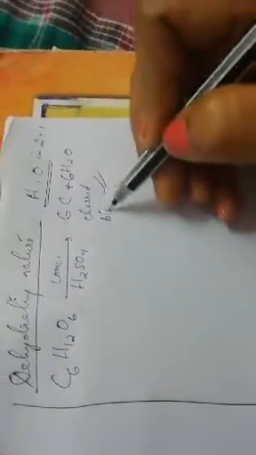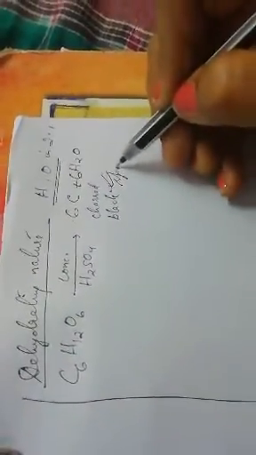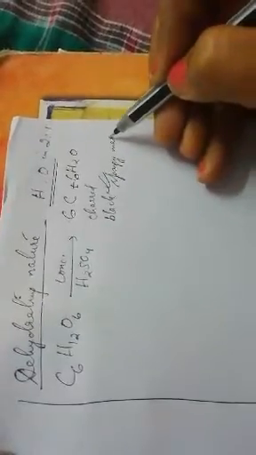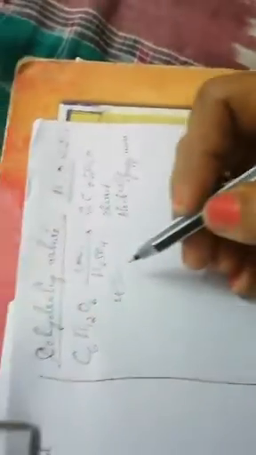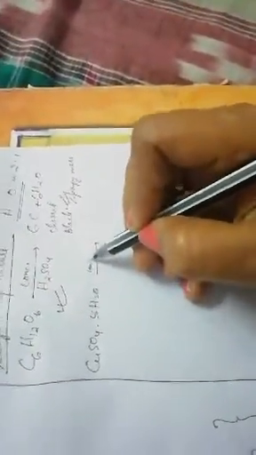You can get equation as well as observation. This is a black spongy mass. This is an example of dehydration reaction. Now, concentrated sulfuric acid also removes the water of crystallization from certain hydrated salts.